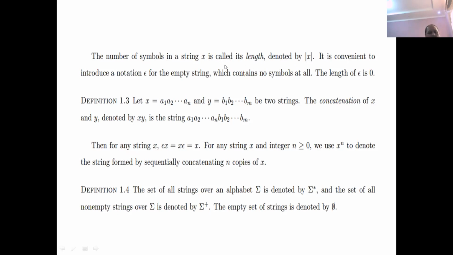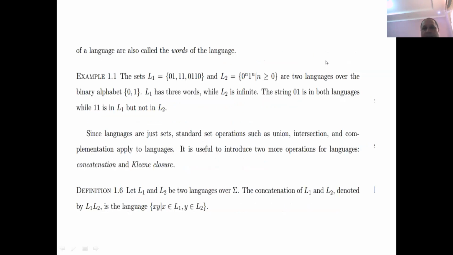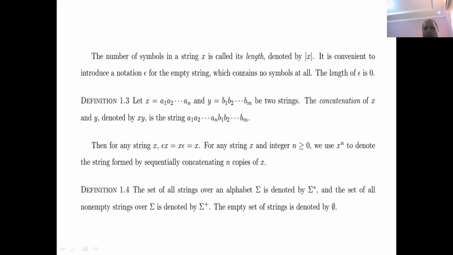As another string, we consider three consecutive elements A. So the length of this string is equal to 3. Did you catch me?